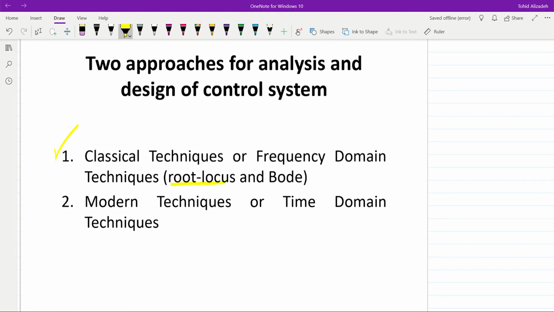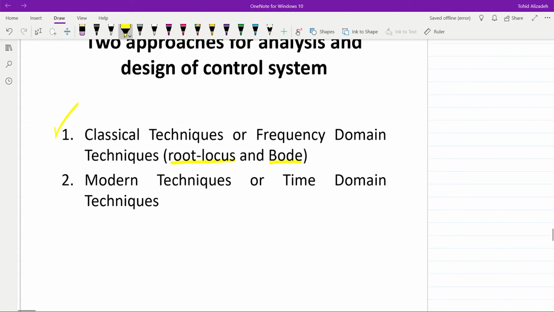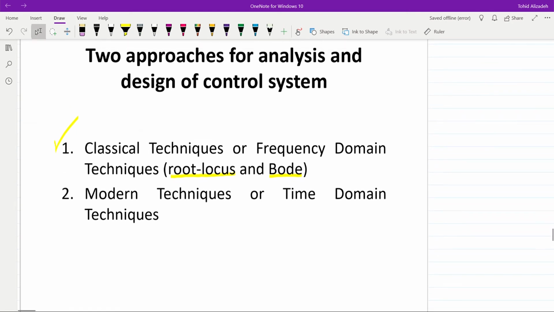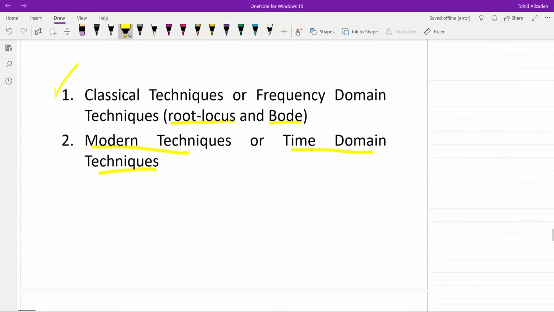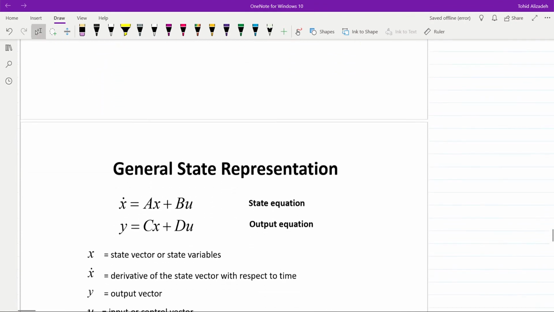And those two were the root locus and the Bode response analysis and synthesis. The controller design for the system using the state space approach is called a modern technique or time domain technique. And we will see how to use this. This will be indeed another approach for designing the controller.